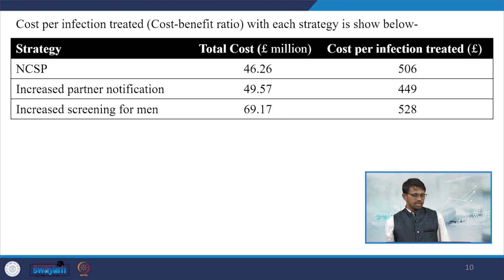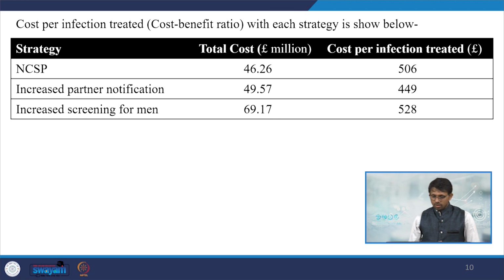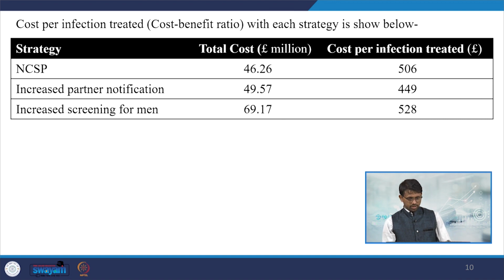So, for the program NCSP, the total cost and the cost per infection treated are mentioned, total cost in £1,000,000. Now, as per the example, the increased partner notification and its cost per infection treated are also given, and the screening for men and its details are also mentioned in this example.